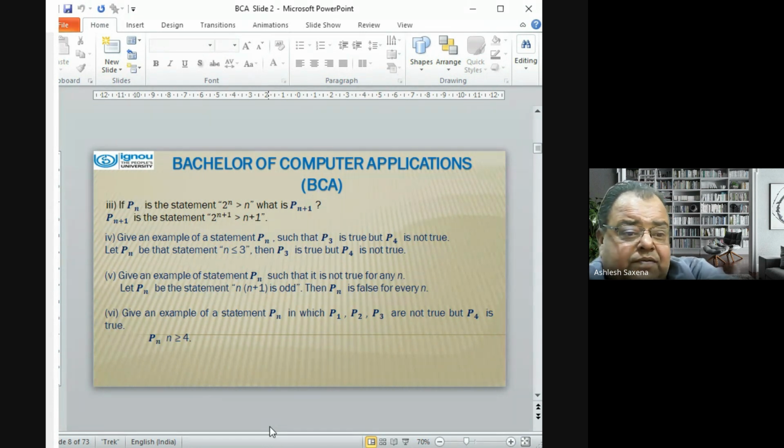If we have another example of Pn, it says that P3 is true, but P4 is not true. In that case, you have to generate the statement. That will be that your Pn statement will be n is less than or equal to 3.